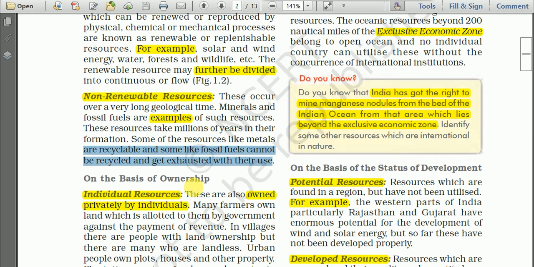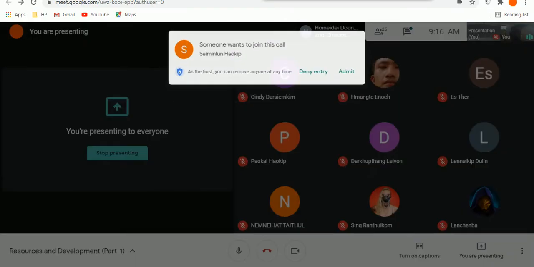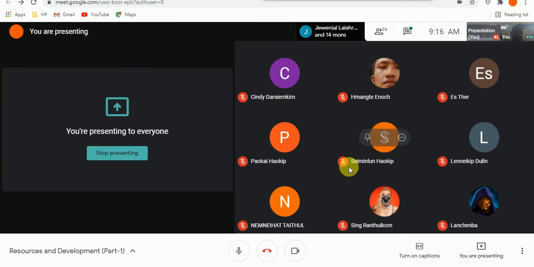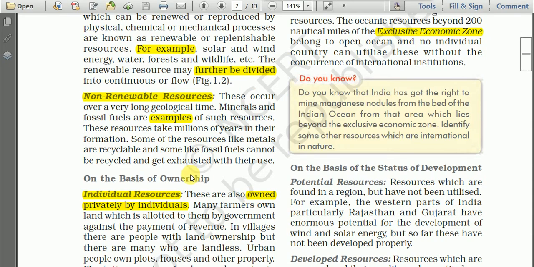Metals like iron, copper, aluminum can be recycled for some years, but will diminish even after recycling. However, petroleum, natural gas, and coal cannot be recycled. Once used, they are totally exhausted.